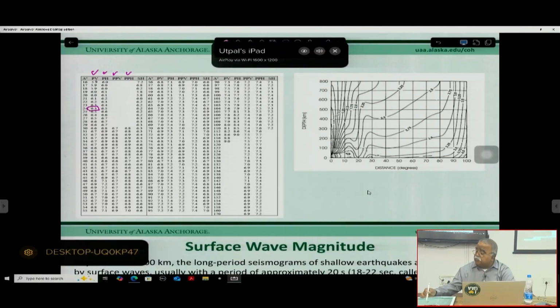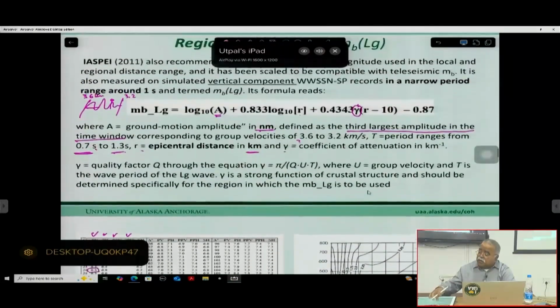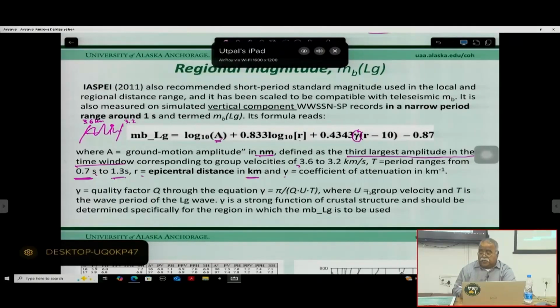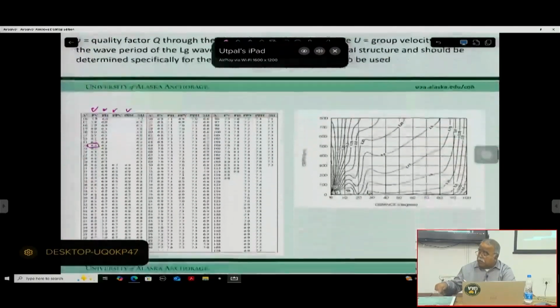When there is a depth correction at different depths, we have a different depth correction from 0 to 800 kilometer depth. So those values we can use for this gamma, and then it will be the mB by LG, right?